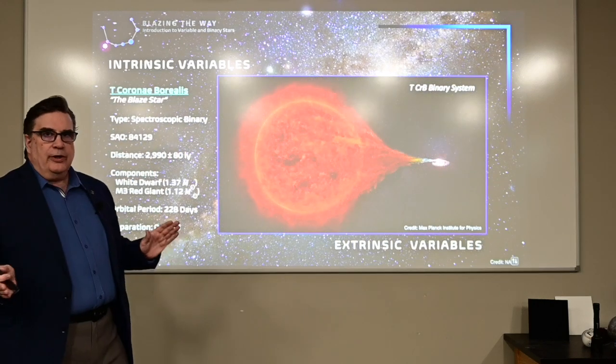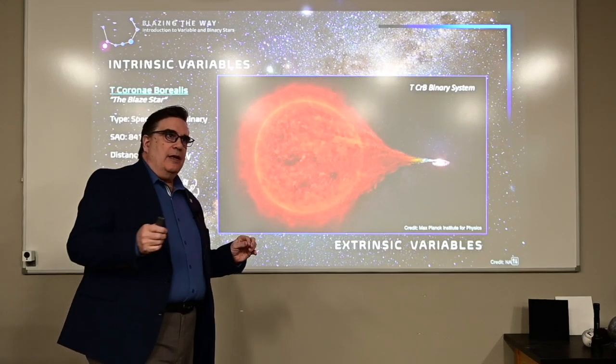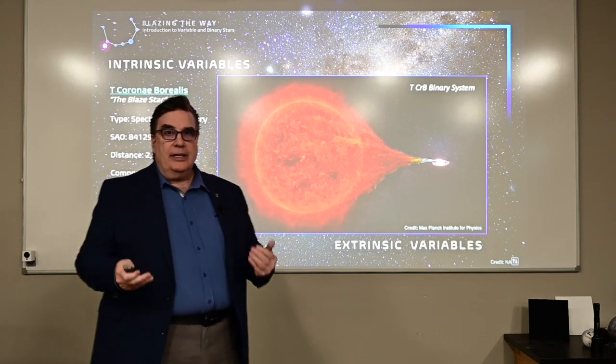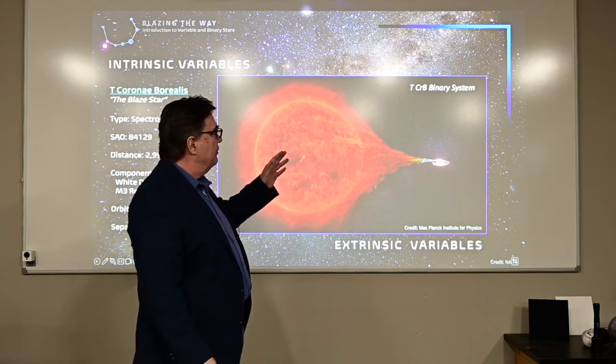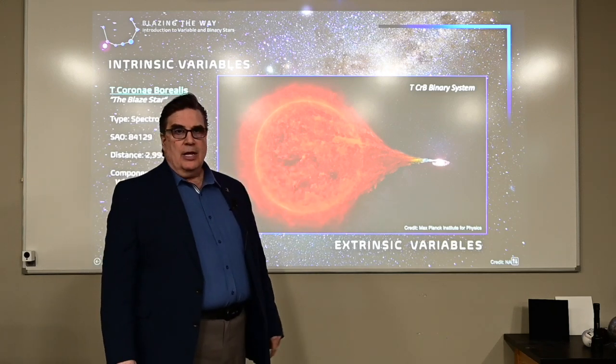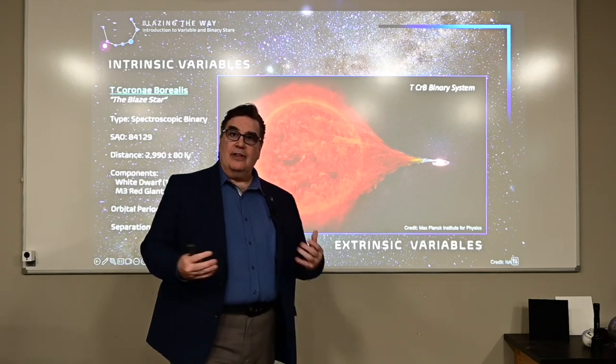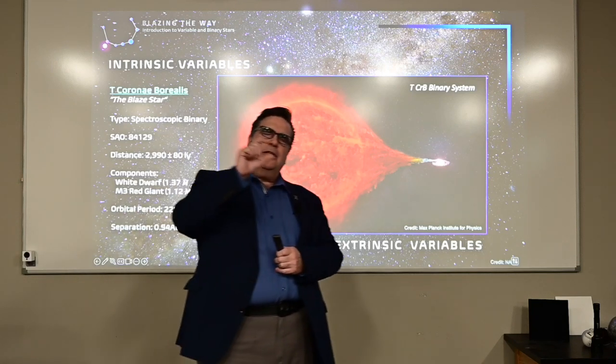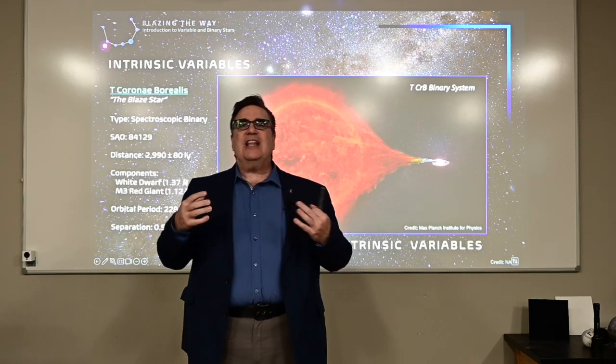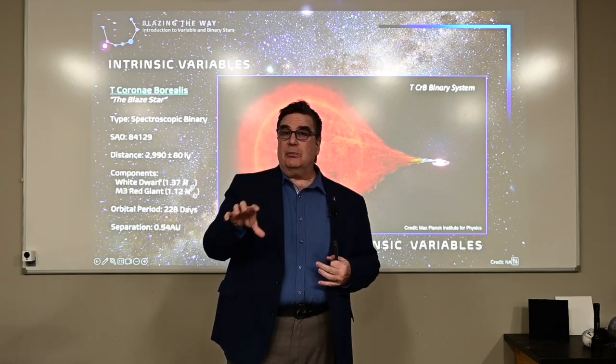Well, today we are here to talk about a star system, a binary system called TCRB. This is T, as in the letter of the alphabet. The T is part of a designation that's given to it for being a variable star.